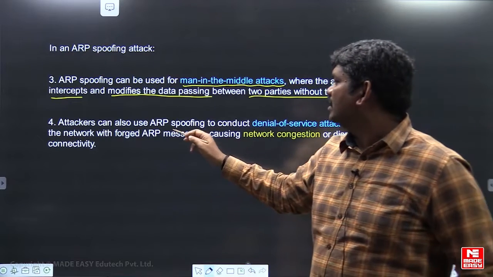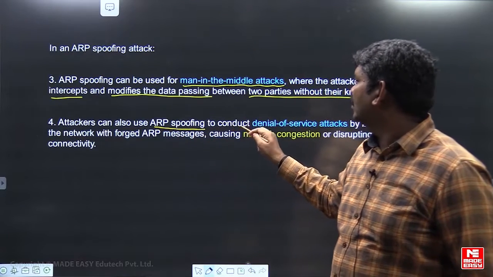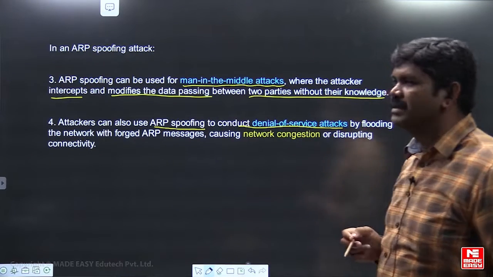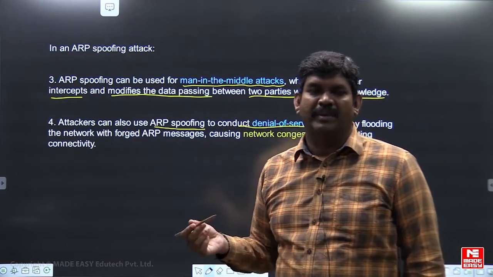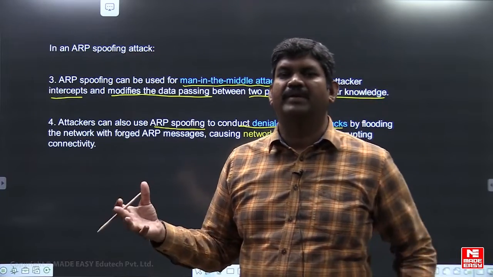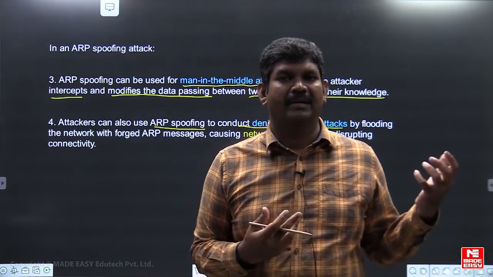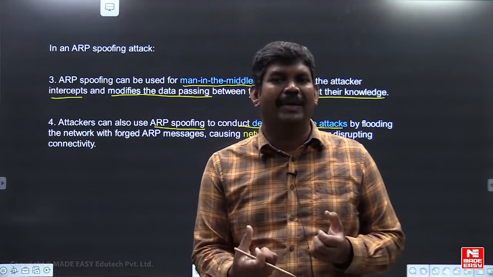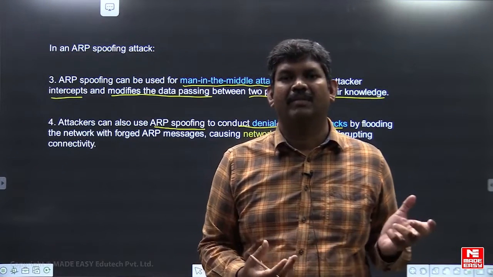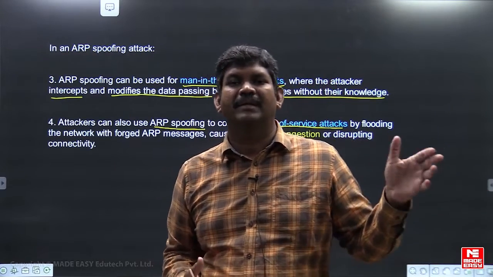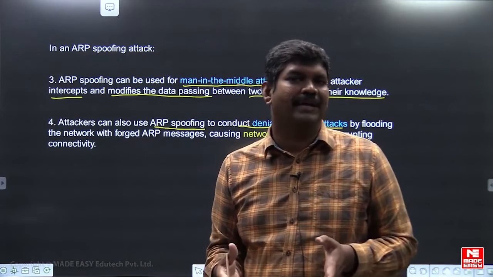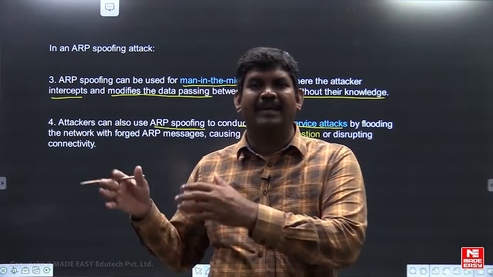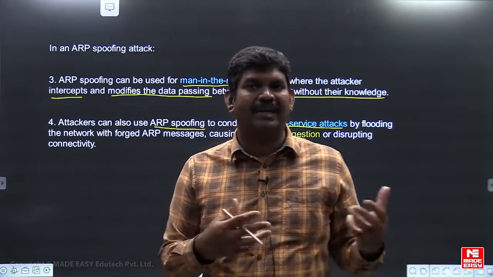So attackers can also use ARP spoofing to conduct denial of service attacks. So what is the meaning of a denial of service attack? Suppose the real, actual clients want to contact a particular server, but the hacker is completely holding the resources of the server, giving the feeling that he has given all the resources while communicating with the legitimate users. But if all those are held by the hacker, then the true genuine users can't get the service done.